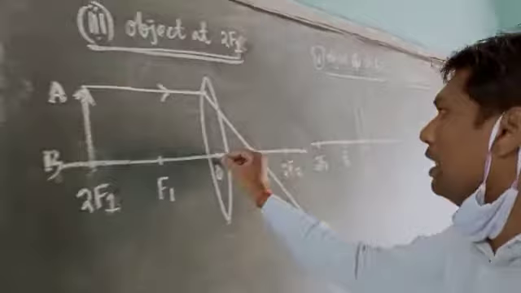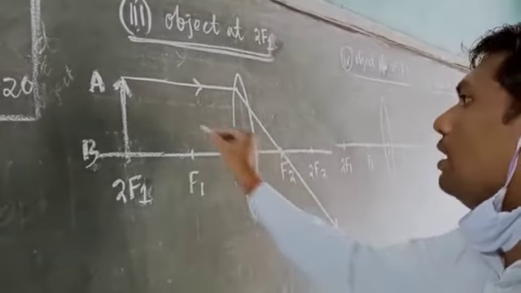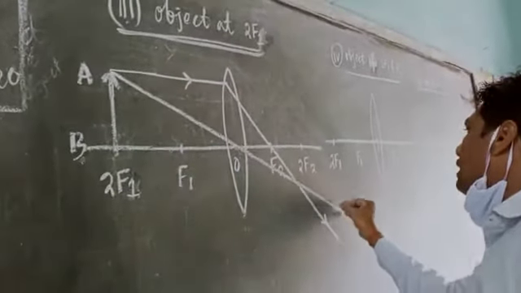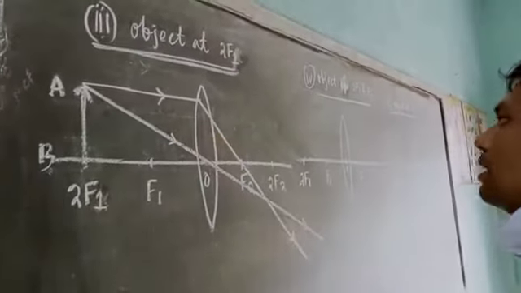Then another ray passes through the optical center. It is not deviated; without deviation, it passes through like this.